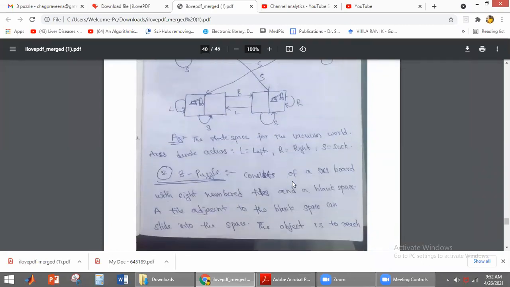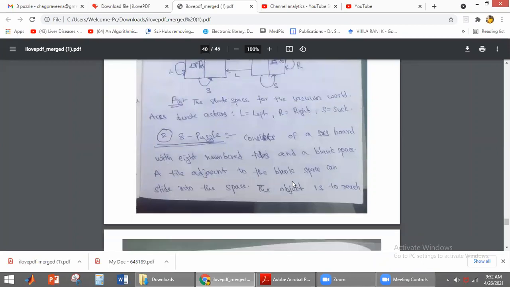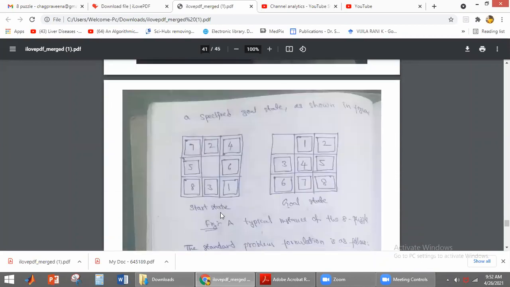Now we'll take the 8 puzzle problem. In the 8 puzzle problem, this is, for example, the start state, the initial state. What is the goal state? The goal state is that the puzzle will be arranged like this. So you know that the 8 puzzle problem has a 3 cross 3 form, that is, there are 9 locations in this, and in that one location will be empty.